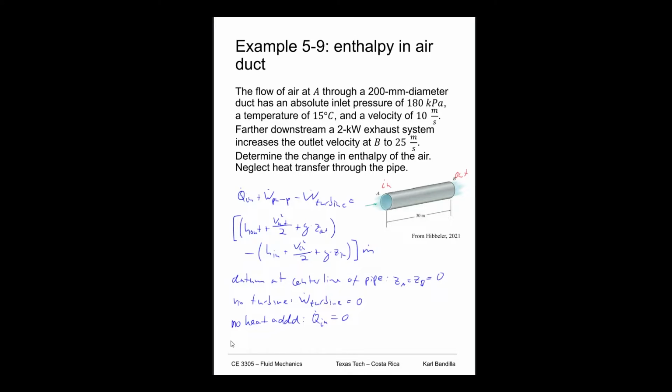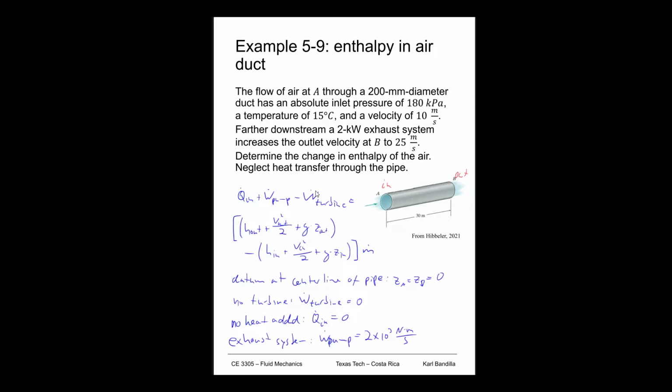And then we know we have an exhaust system. So we can say our pump power, our energy in the pump, is going to be equal to 2 kilowatts. So 2 times 10 to the 3, and we'll rewrite that as Newton times meters per second. Maybe we'll need it that way.